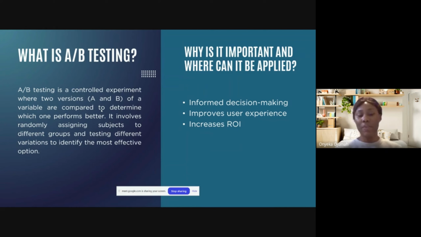So I don't know if anyone has heard about A/B testing, but it's a very common concept. If you work in any industry, to be honest, that is involved in products, whether physical products or online products, people would conduct A/B testing. A/B testing is a controlled experiment. We have two versions.